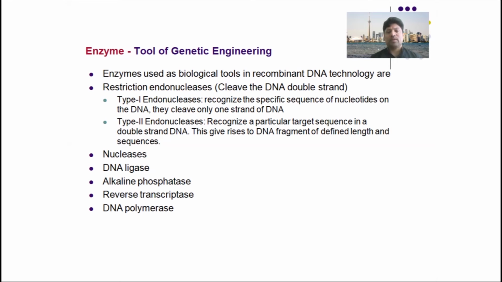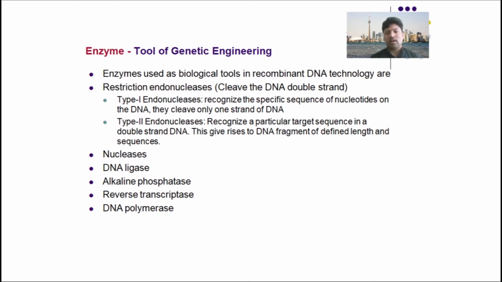Enzymes are used as microbial tools in recombinant DNA technology. The major enzymes may be the restriction endonuclease that cleaves or breaks the DNA double strand. Restriction endonucleases are of two main types.